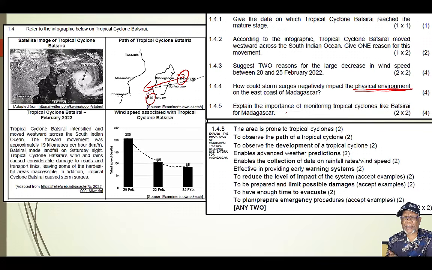Now the question is, explain the importance of monitoring tropical cyclones. Why is it important to monitor tropical cyclones? Because the area is prone to tropical cyclones, to observe the path and know the strength, to observe the development of a tropical cyclone so that it enables advanced predictions, enables correction of data, effective providing of a warning system to reduce the level of impact of the system, to prepare and limit possible damages, to have enough time to evacuate, to plan, a number of reasons.